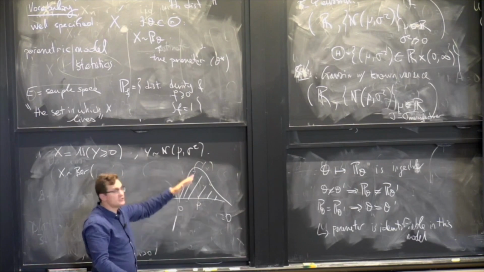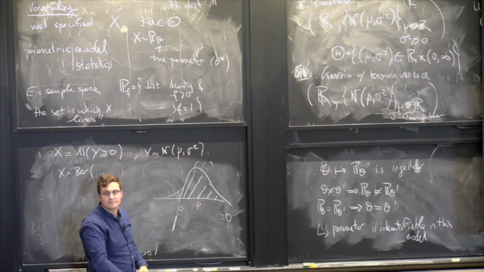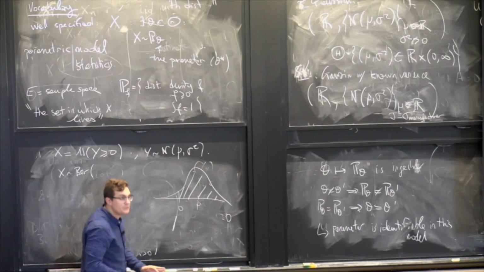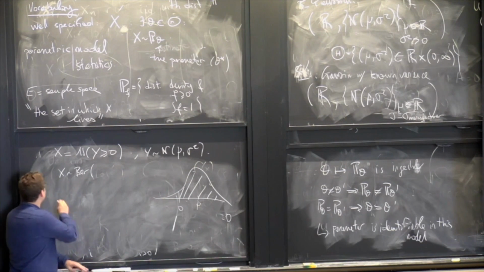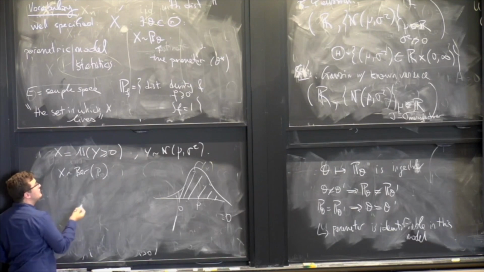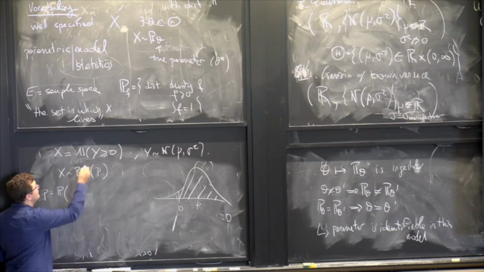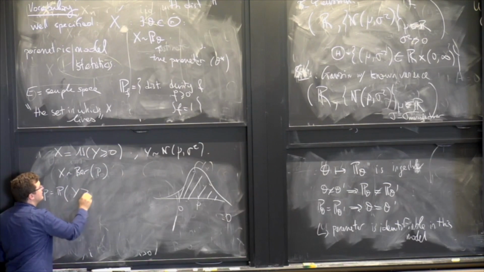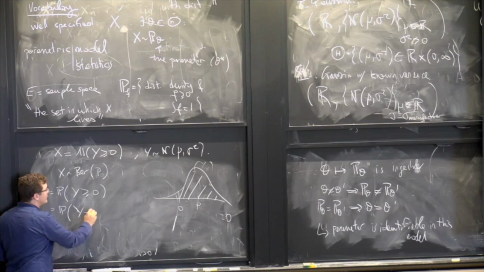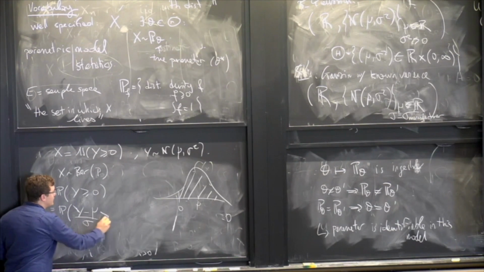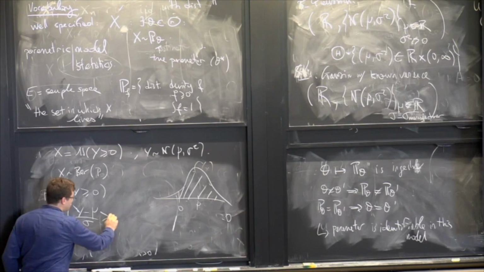And if sigma changes, it's also going to affect it. Is that clear to everyone? But we can actually compute this, right? So the parameter p that I'm looking for here as a function of mu and sigma is simply the probability that some Y is non-negative, which is the probability that (Y minus mu) divided by sigma is larger than minus mu divided by sigma.